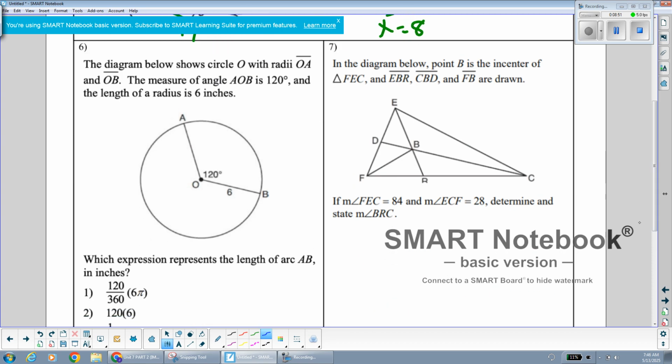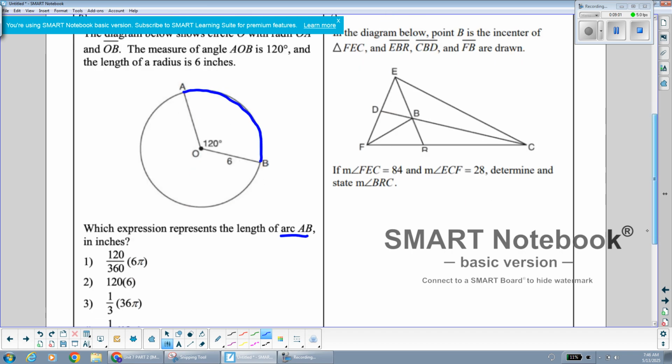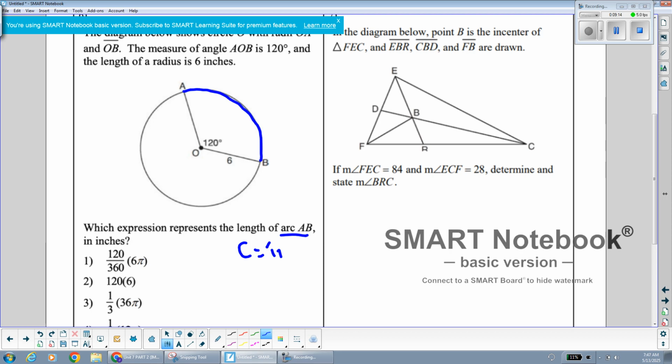Okay, this question is which expression represents the arc length of AB? Okay, so in order to find the arc length, I need to find the circumference of the whole circle. And then I need to find the part of the circumference that this represents over here. So the circumference of the whole circle is pi times diameter, and the radius here is 6.